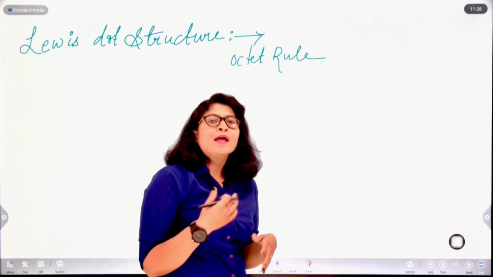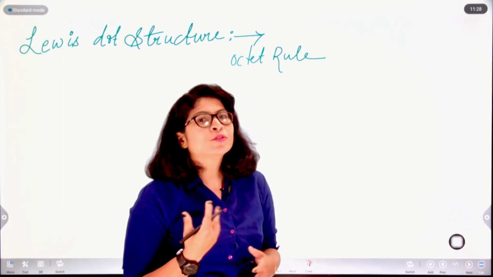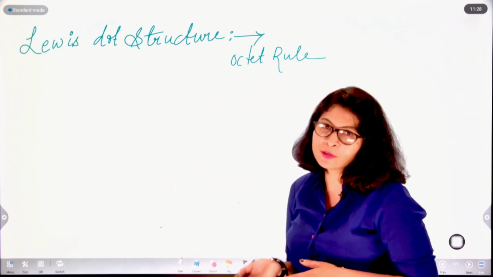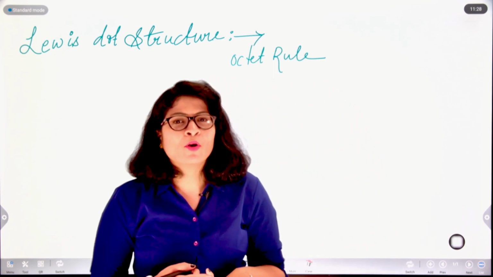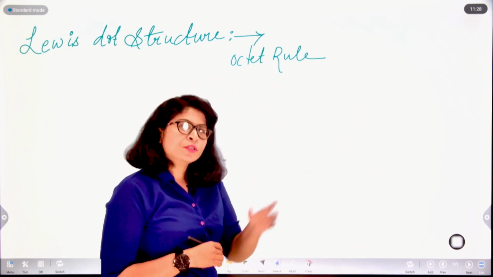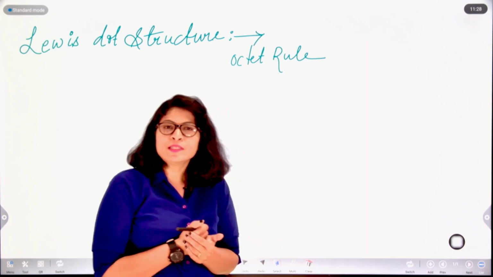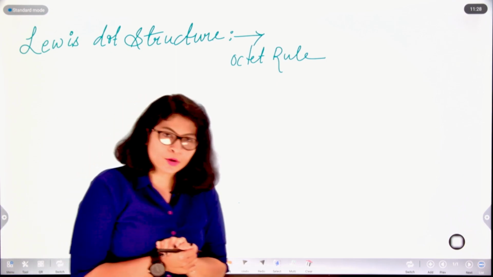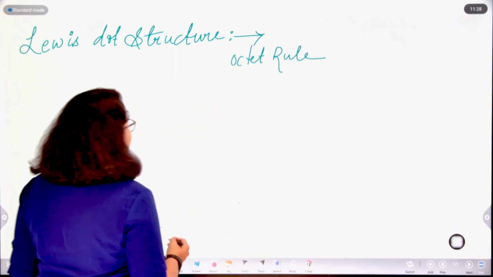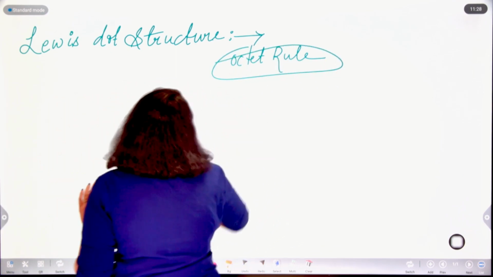For acquiring that, the atom undergoes its own hustle: losing electrons, gaining electrons, sharing electrons, and based on that we have our ionic bond as well as covalent bond. So first we will see how to draw a Lewis dot structure for an ionic bond.